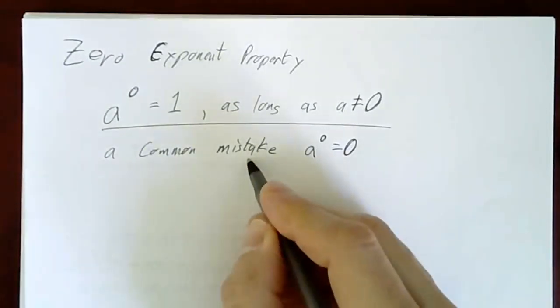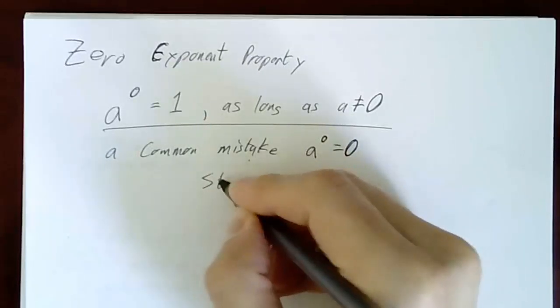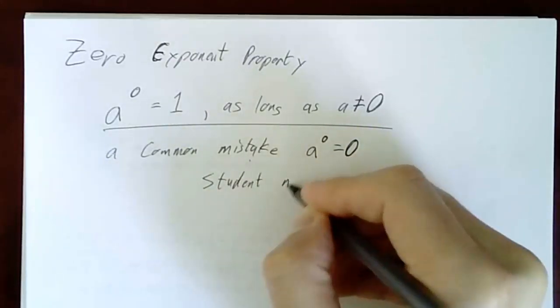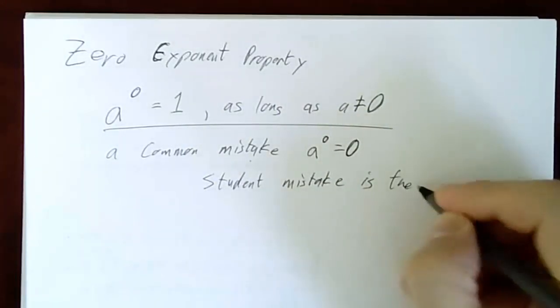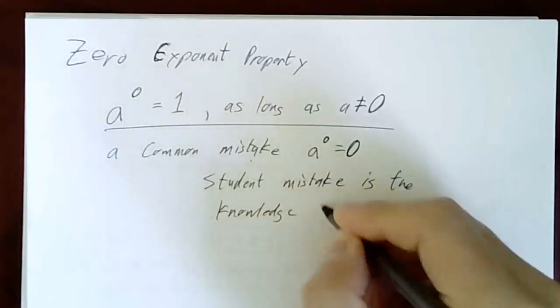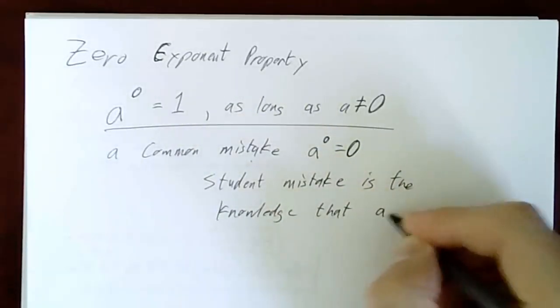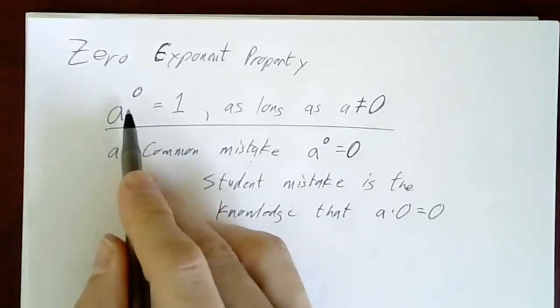The reason this is a mistake is that students are mistaking the multiplication rule, the knowledge that a times 0 is equal to 0. So why does a to the zero power equal 1? Why is this true?